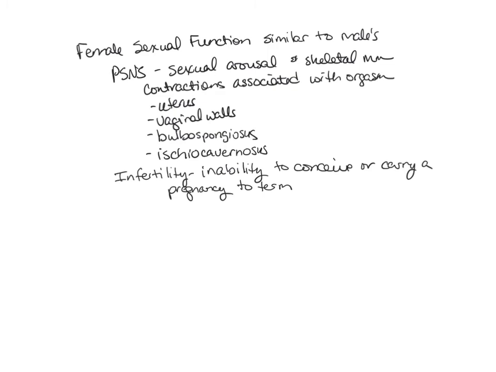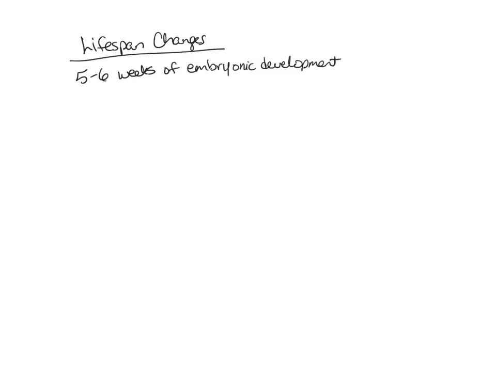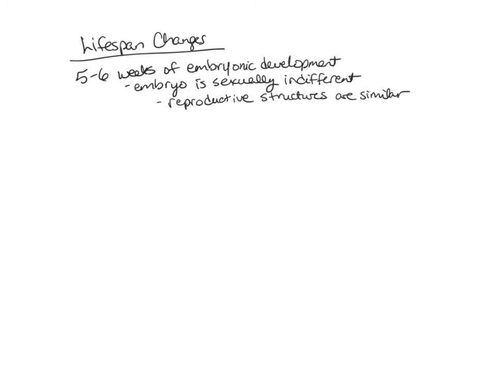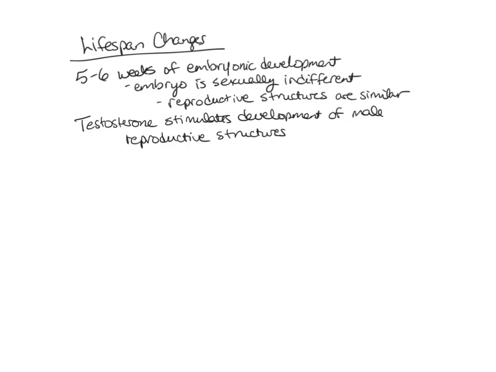Now, I just want to talk about some changes that occur throughout the lifespan. So, at weeks 5 to 6 of development, the embryo is said to be sexually indifferent, so neither male nor female. This is because both the gonads and other internal and external reproductive structures are similar in both of the sexes. It's the presence of testosterone that stimulates the differentiation and development of the male reproductive structures.